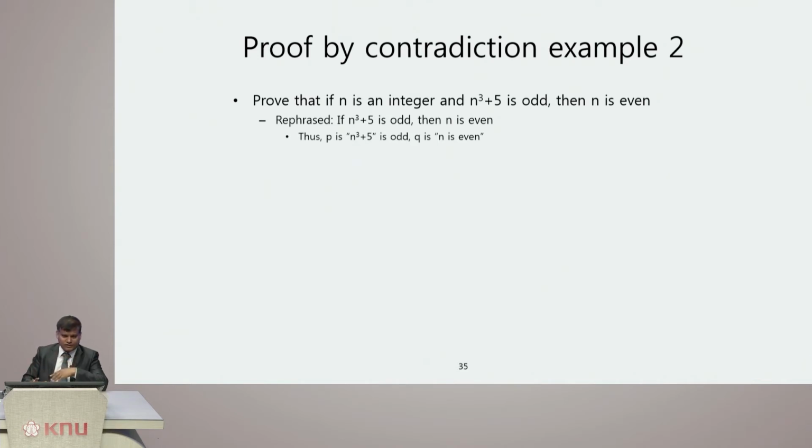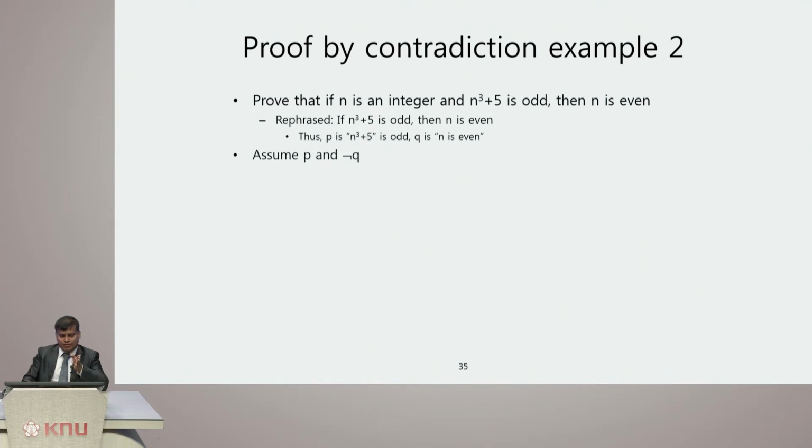Thus P is n cube plus 5 is odd, Q is n is even. So we have both P and Q in hand. With P and Q in hand, we can prove by means of using the contradiction principle.